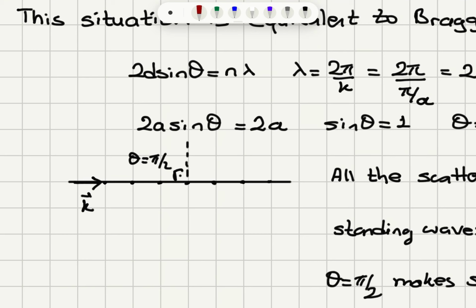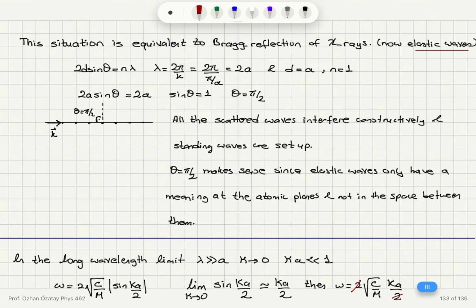So basically this is our one-dimensional lattice of atoms. You have the k vector traveling to the right at an angle pi over 2 with respect to the normal to the plane of atoms, and you can see that the Bragg reflection condition for constructive interference is satisfied when k is equal to pi over a.